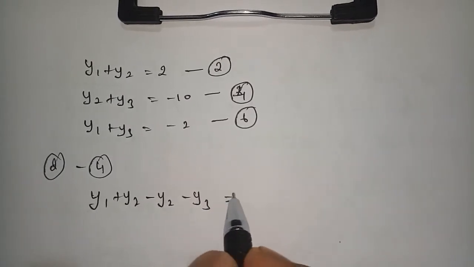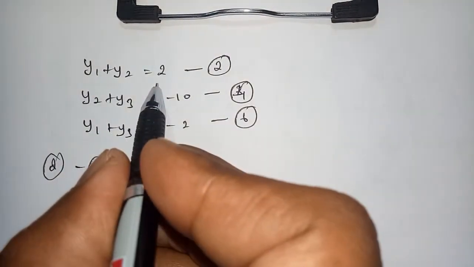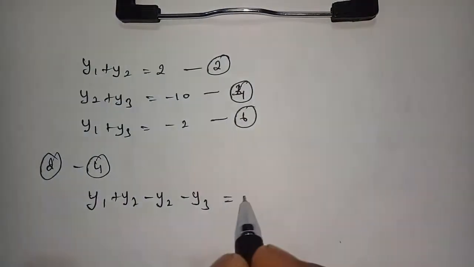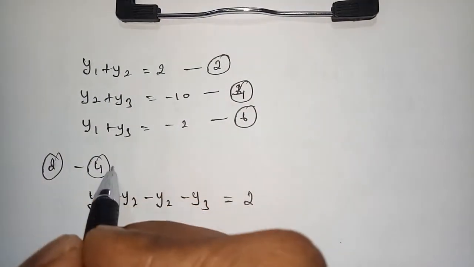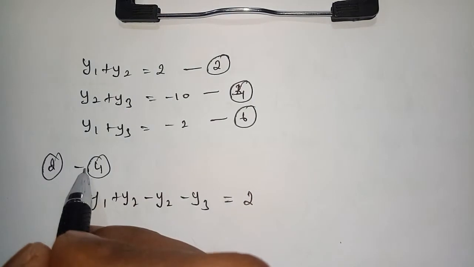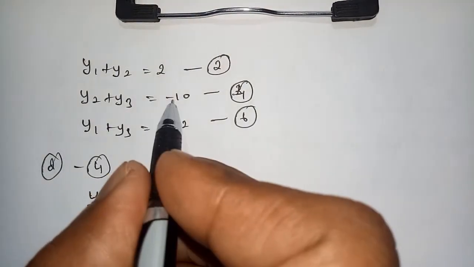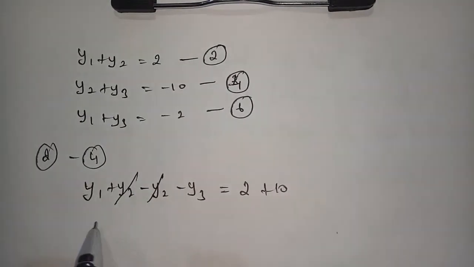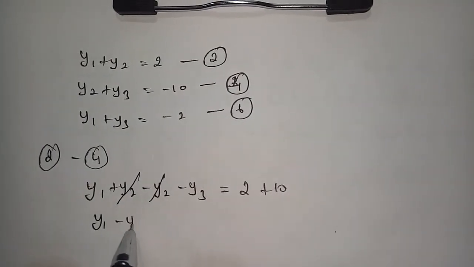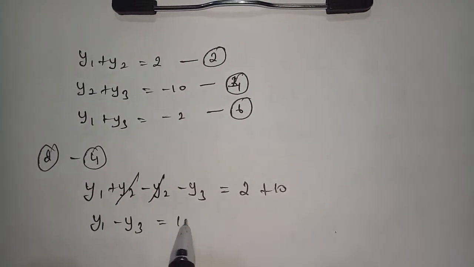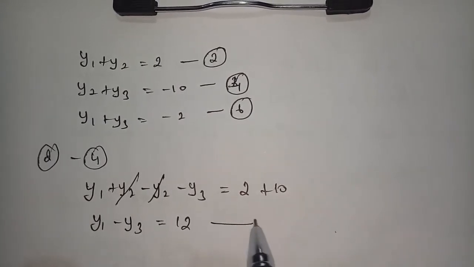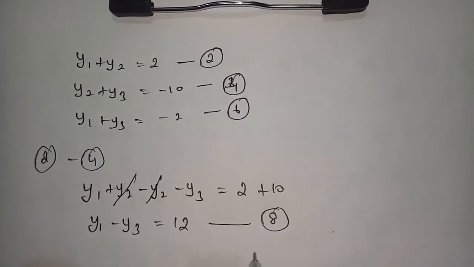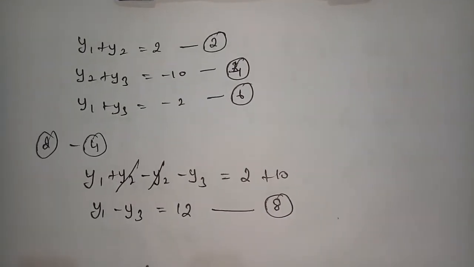That is equal to, then come to the second equation. What we have in the right hand side? 2. Then in equation 4 we have minus 10. So formula is minus. This minus into this minus will become plus 10. So y2 will cancel. We have y1 minus y3, that is equal to 12. We'll give the equation number 8. Okay, already 7 is given. We'll keep it as 8.